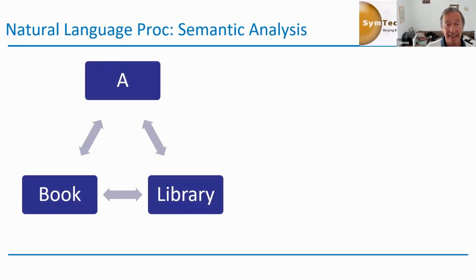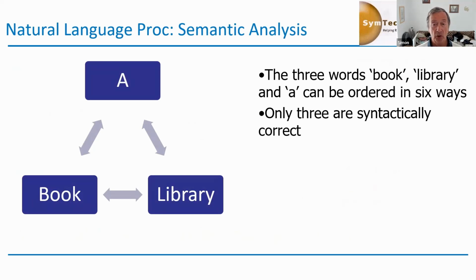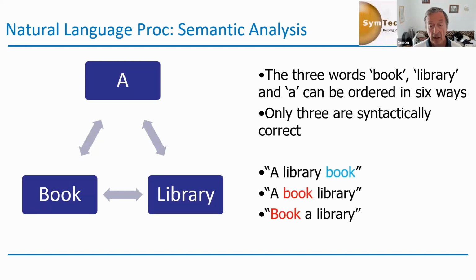Right, to explain about semantics, I'm going to use just 3 words. So the 3 words, book, library, and you can order any 3 things in 6 ways, but only 3 are syntactically correct. They are a library book, a book library, and book a library. So that's syntactically correct, but is it semantically correct?